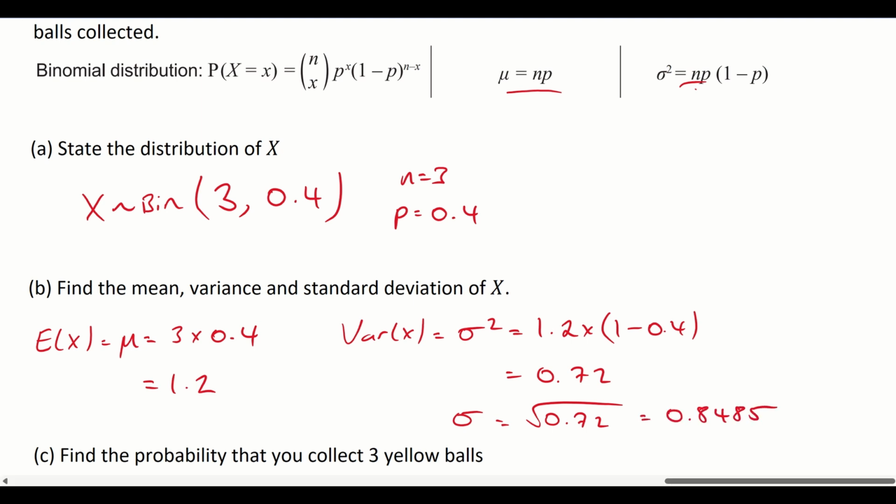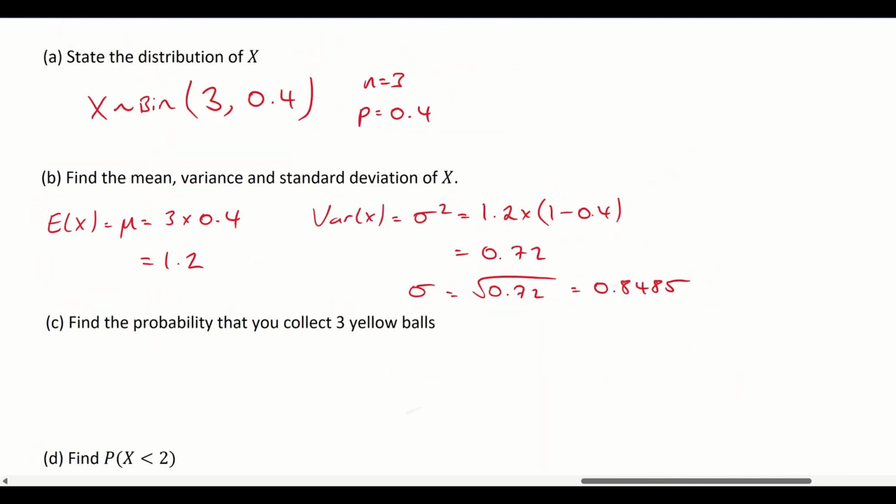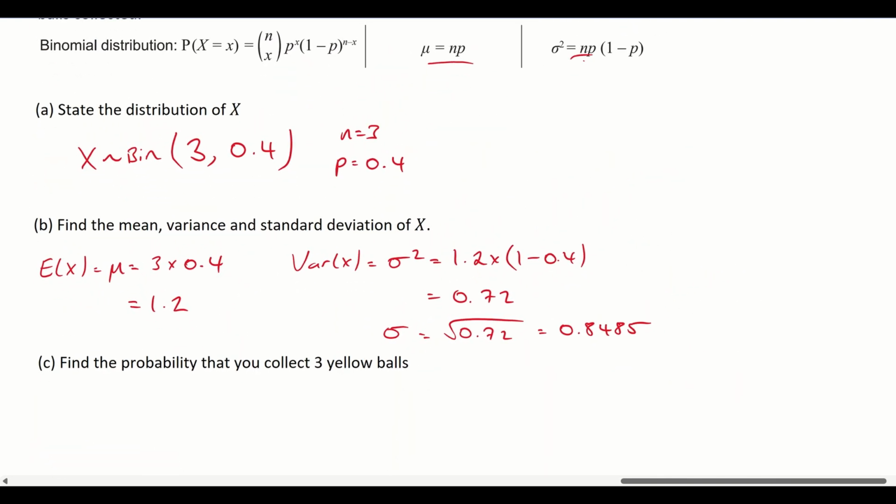0.8485. Now, the probability that we get exactly 3 yellow balls. So using this formula here, the probability that x is 3. Well, from 3 possible trials being my n value, my x that I want 3 successes, times the probability of a success, 0.4, to the power of 3, times 1 minus 0.4 to the power of 3 minus 3.